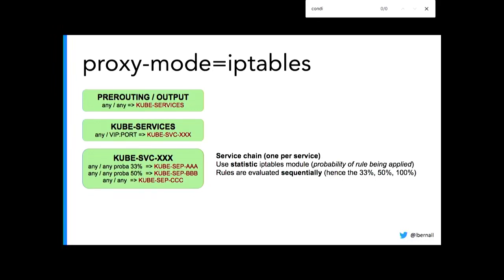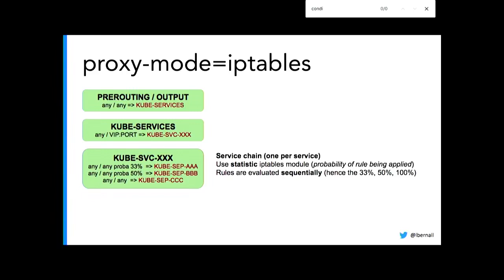When you read it for the first time, this is not very intuitive, because instead of saying 1/3, 1/3, 1/3, which you would expect if you have 3 backends, it's actually 1/3 for the first one, because there's one chance out of 3 the rule is going to apply. But then, if the rule is not matched, you only have 2 backends, and so that way it's 50% for the second one.